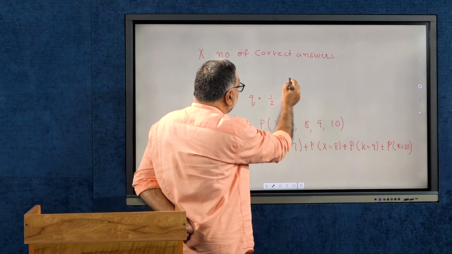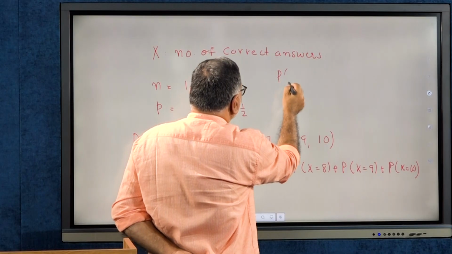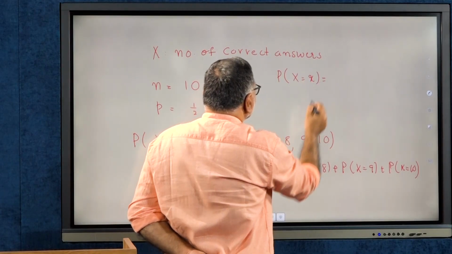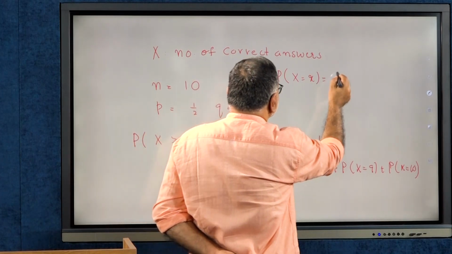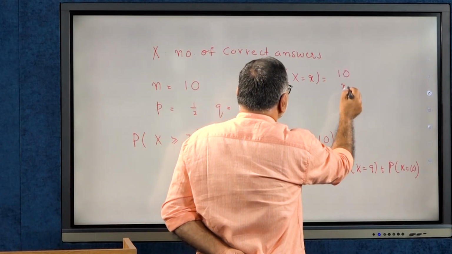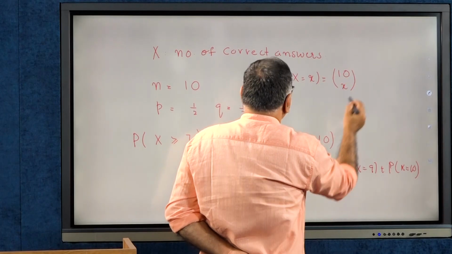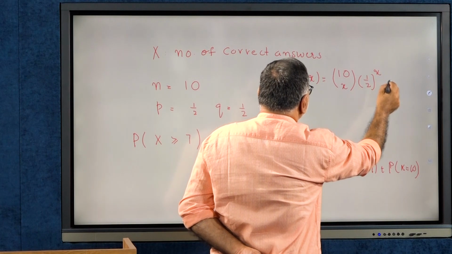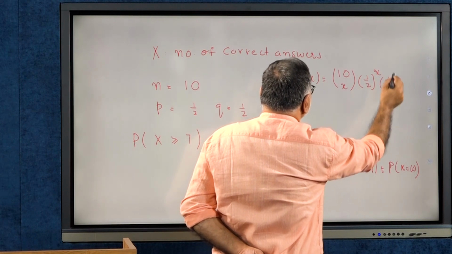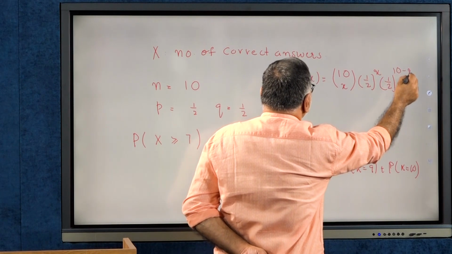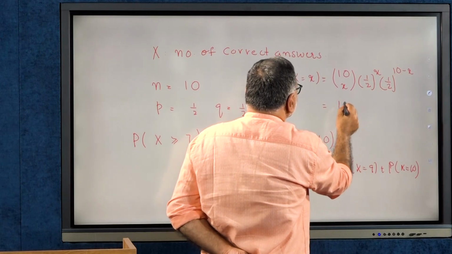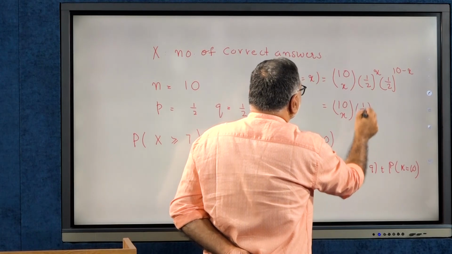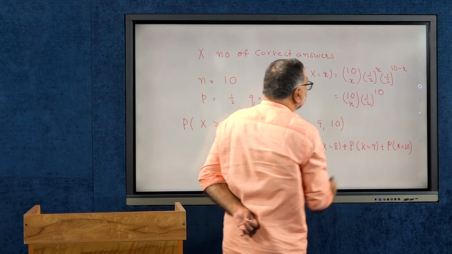Remember, our probability mass function corresponding to this is probability of X equal to x is 10 Cx, and p, that is 1 by 2 power x, and q, that is also 1 by 2 power 10 minus x. Both are combined, you have this value.